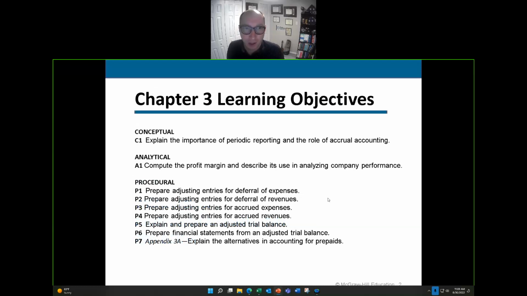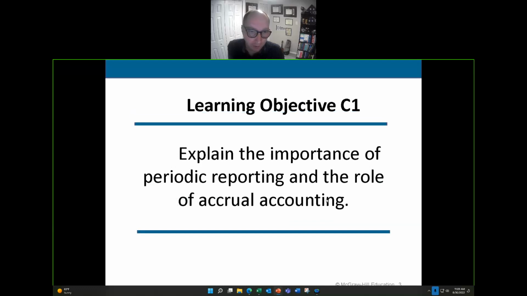We're going to be going through the accounting cycle, and talking about the steps in the accounting cycle, which is really the foundation of our transactions and how everything gets closed out.